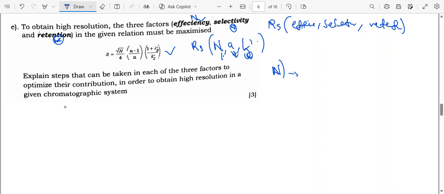Now to explain how we can improve each one. Improving N: use longer columns.